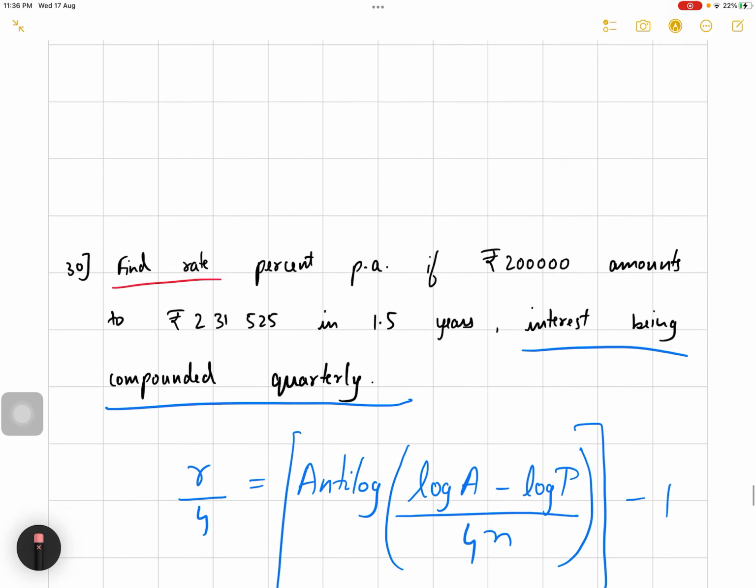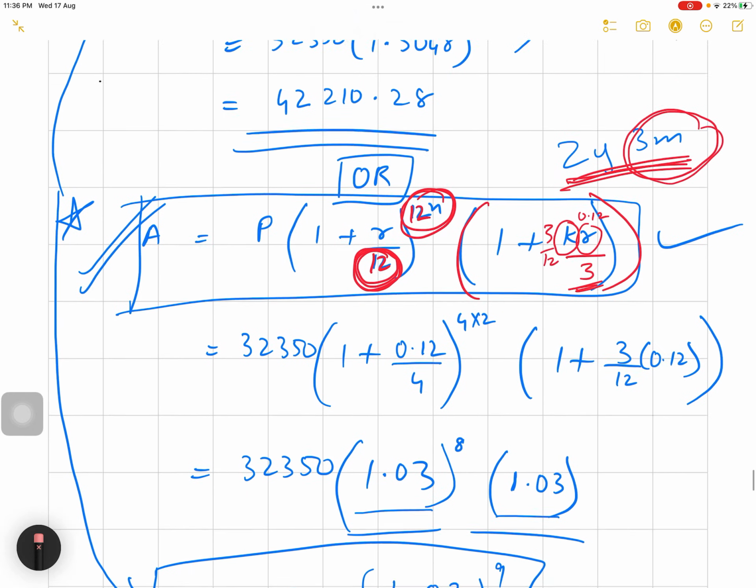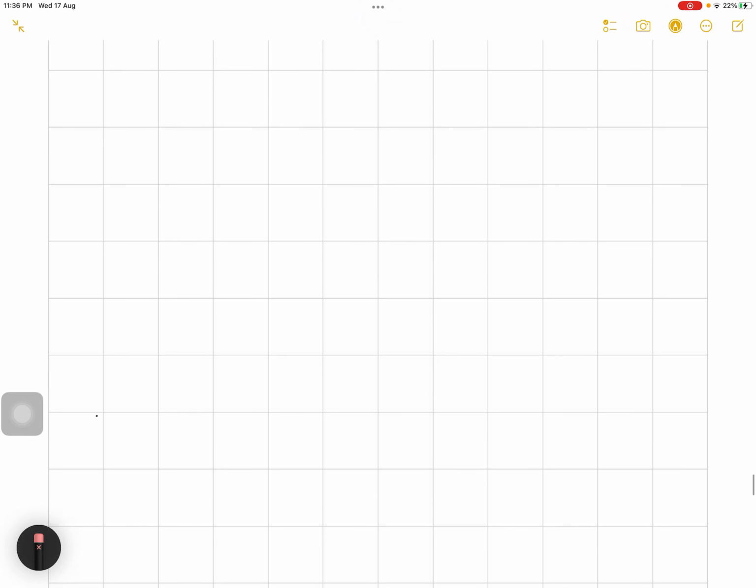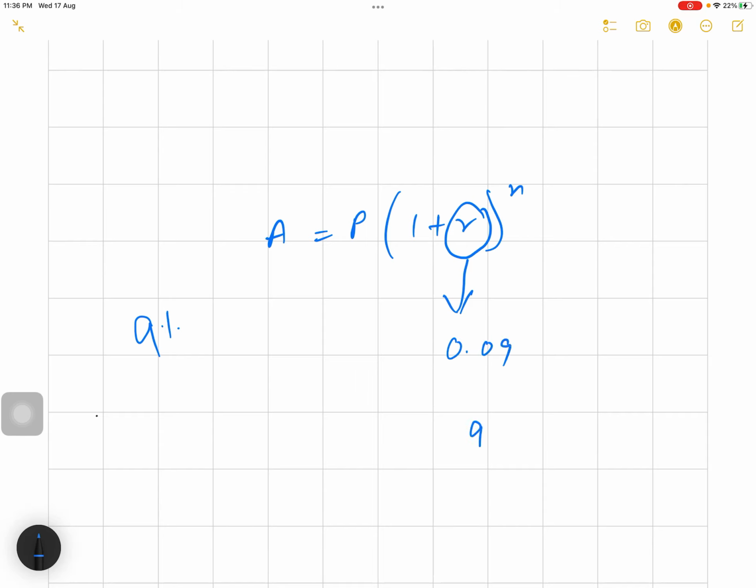One more thing I would like to mention, like in the previous question. For example, the formula is, suppose A is equal to P into 1 plus R raised to N. In the place of R, suppose R is 9%. So you can either write 0.09 or you can write 9 divided by 100.